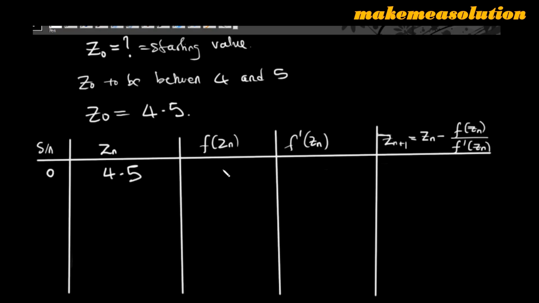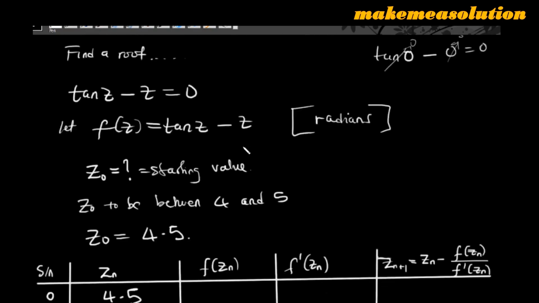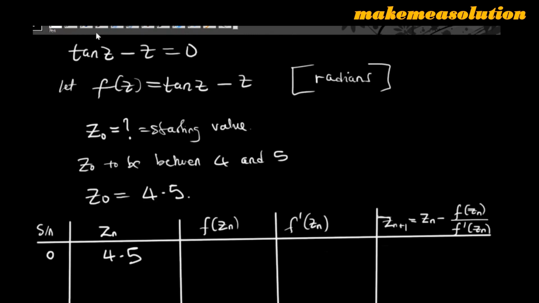So let's compute f of Zn and f prime of Zn. My f of z is already given to me as tan z minus z. If you want to compute f prime of z, you need to differentiate.